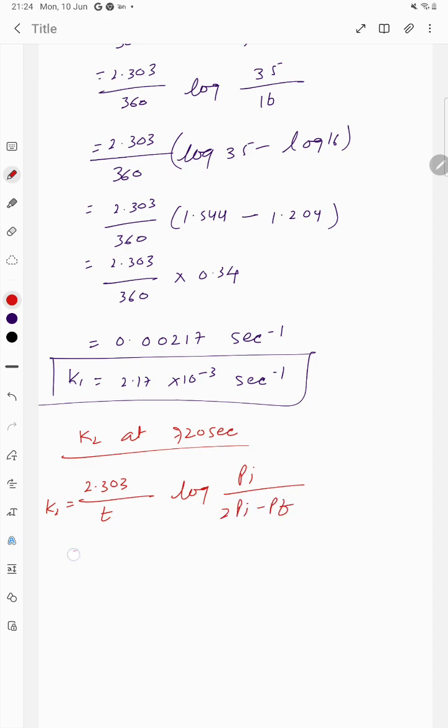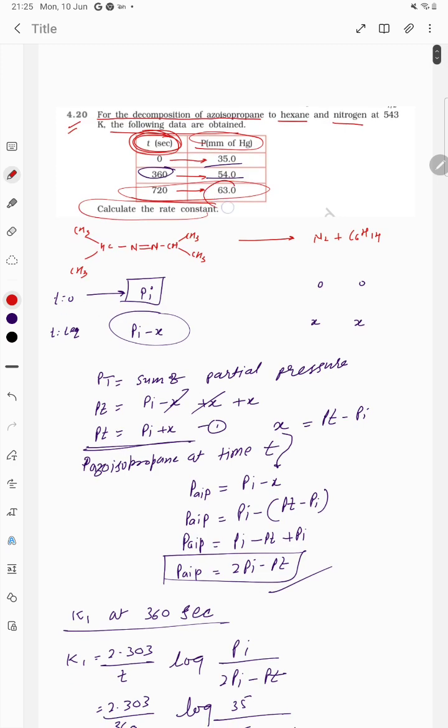So 2.303 upon 720, log 35 upon 2 into 35 minus Pt, which is 63.